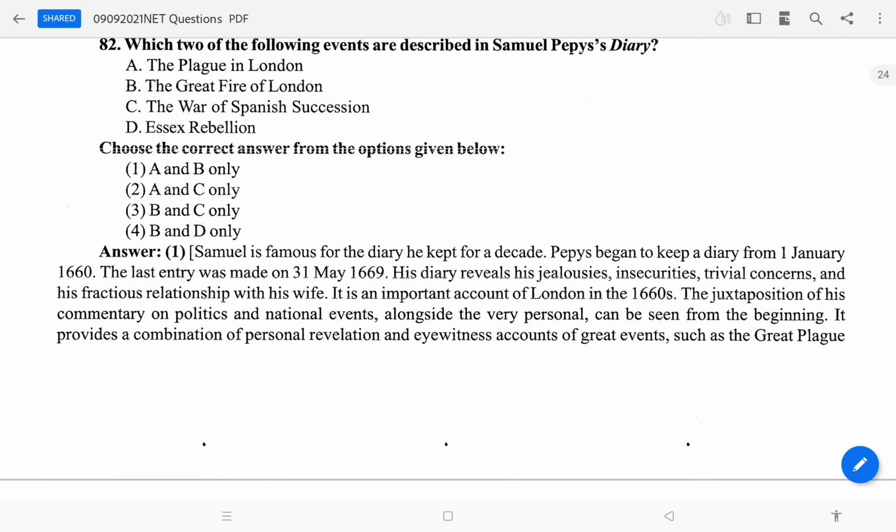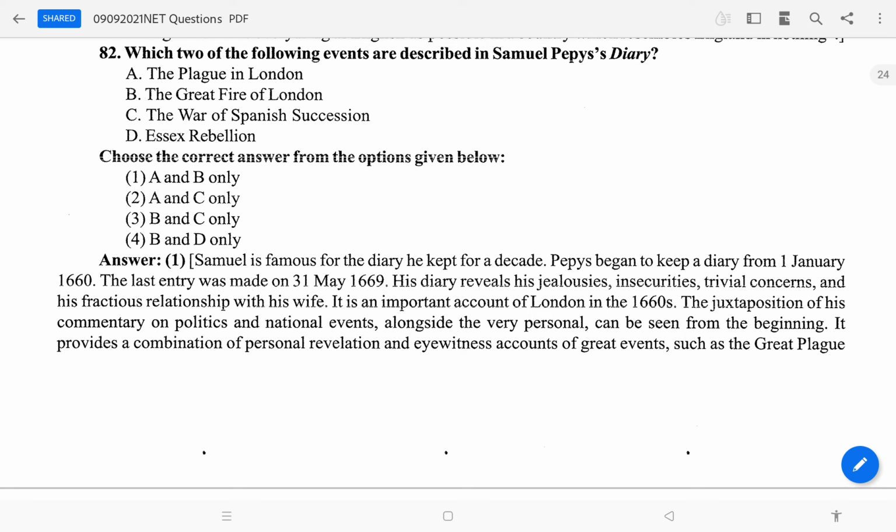Samuel Pepys is famous for the diary he kept for a decade. Pepys began to keep a diary from 1st January 1660. The last entry was made on 31 May 1669.